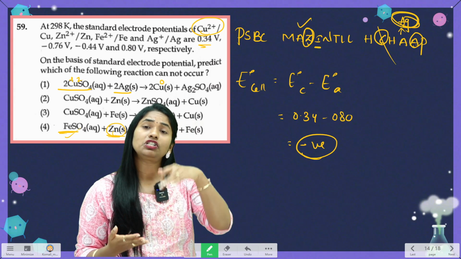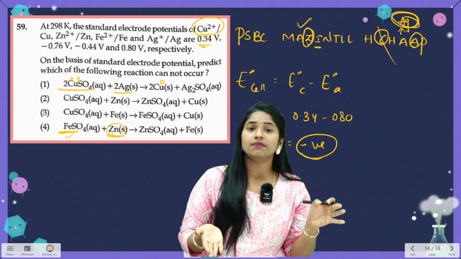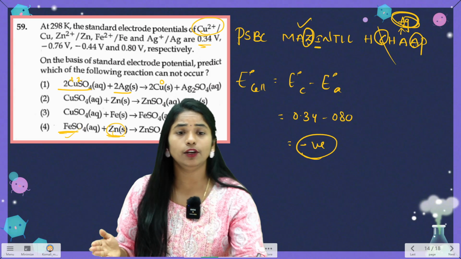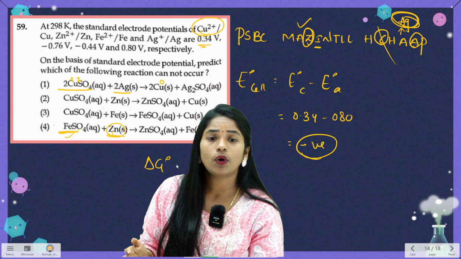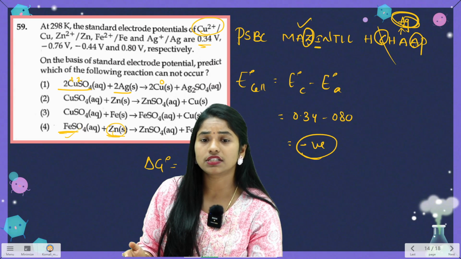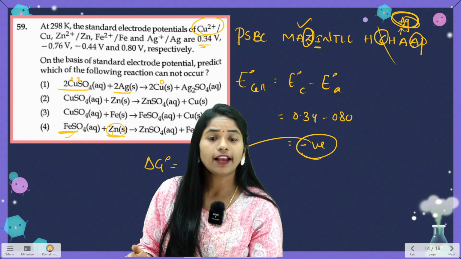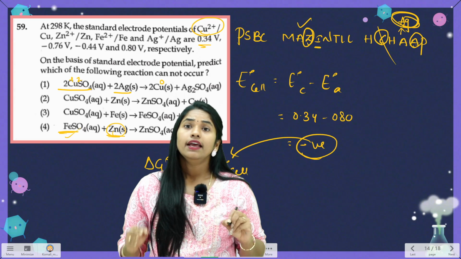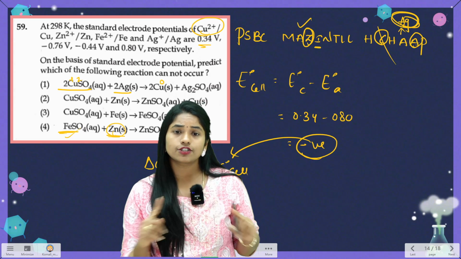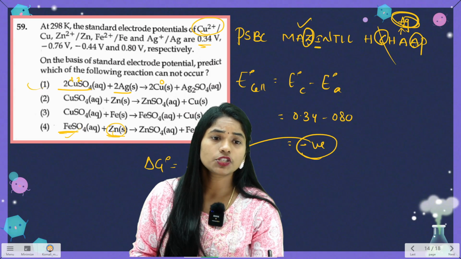If you substitute this, the negative becomes positive, and we will be getting a positive delta G value. If it is positive, it means the reaction is not possible. So the first one is not possible.